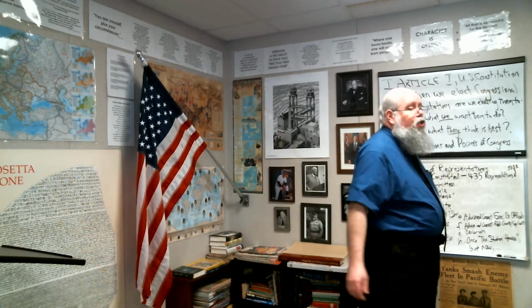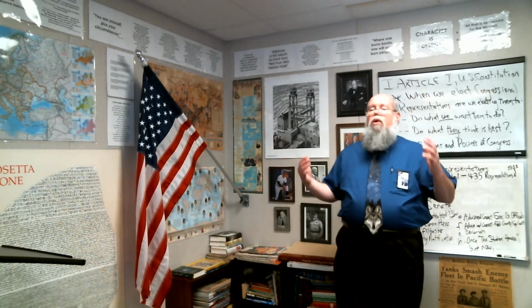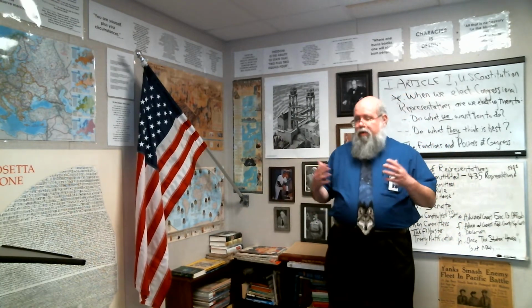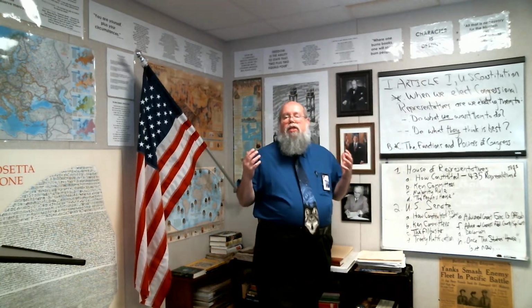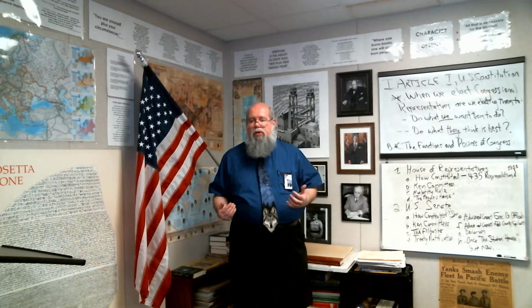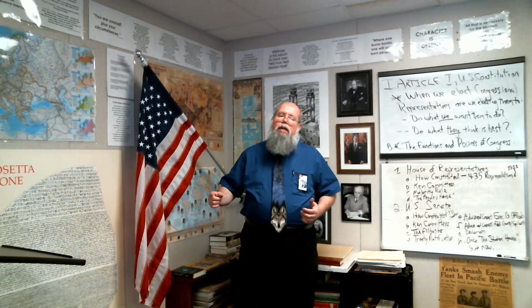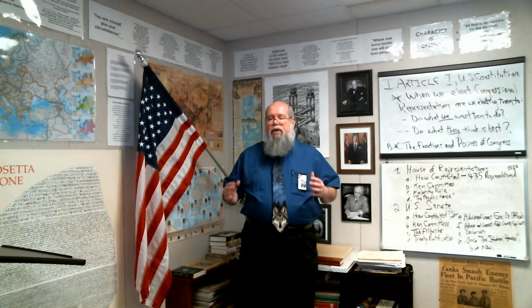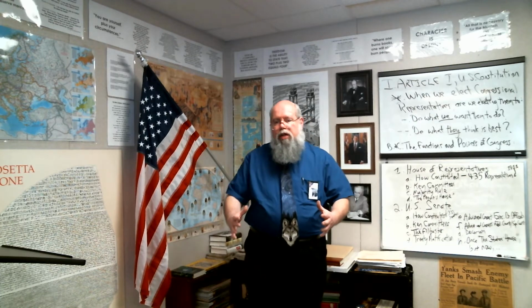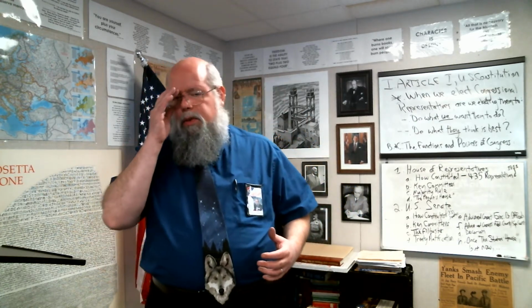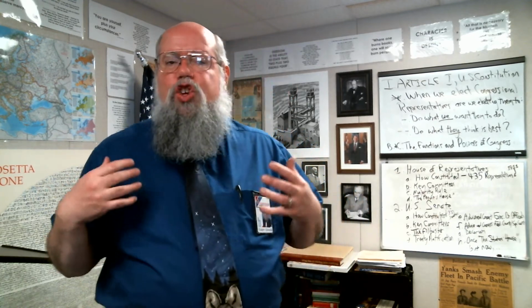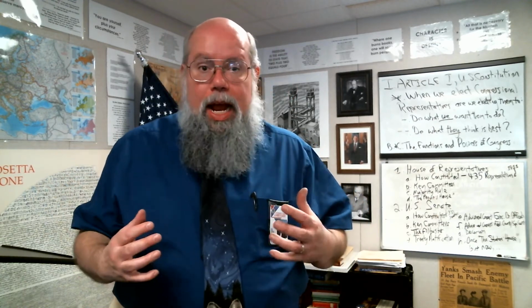The House is widely considered to be, of all branches of the federal government, of all aspects of the federal government, closest to the people. That is why it is often called the People's House, because it was always intended to be representatives of everyday American people in small congressional districts, people who have to go back to the electorate, to the people, and say, am I doing okay?